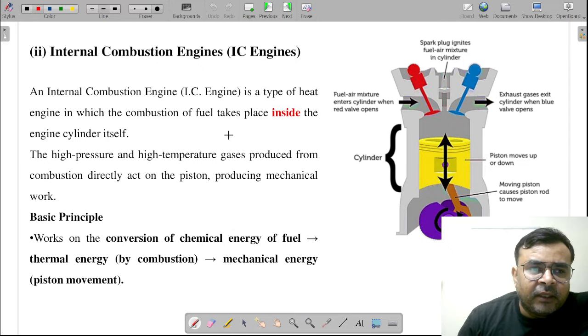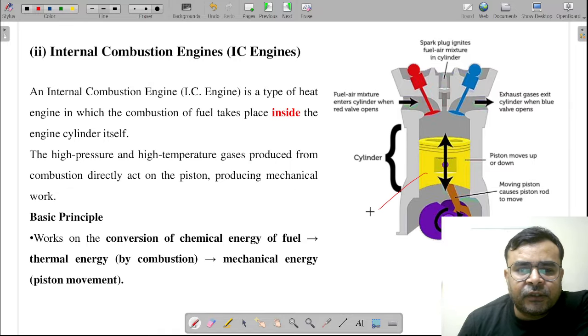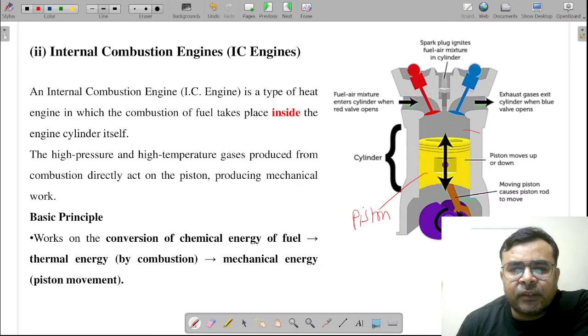Next, this is the internal combustion engine. So you can see the internal combustion engine. This is a piston. And you can see obviously this is a cylinder. And this is a connecting rod. This brown part is a connecting rod.